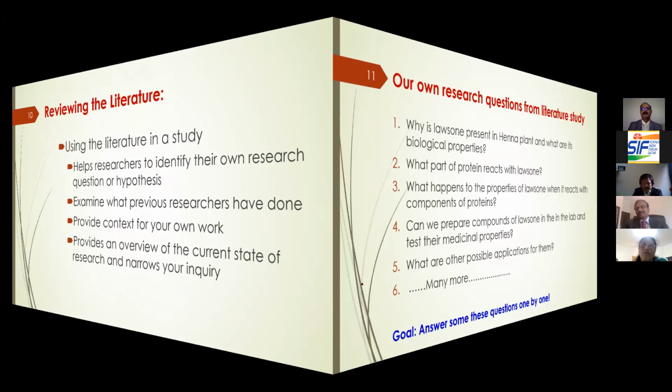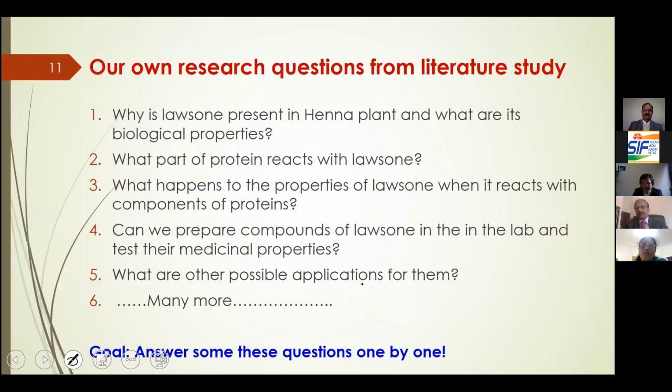Now, here are the questions that came to my mind when Vijay was trying to research and bring these papers to me, and we were talking about why is lawsone present in the henna plant? What are its biological properties? You have to keep in mind, any living organism will not make a molecule that it does not need.